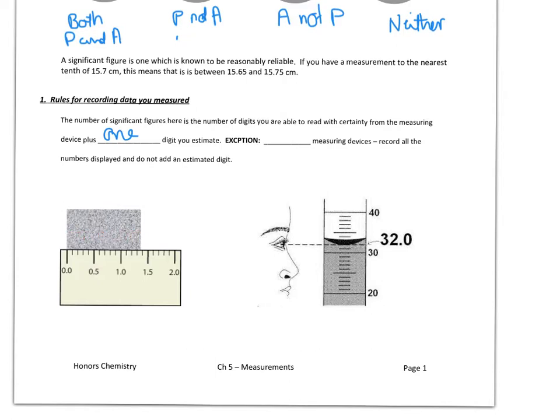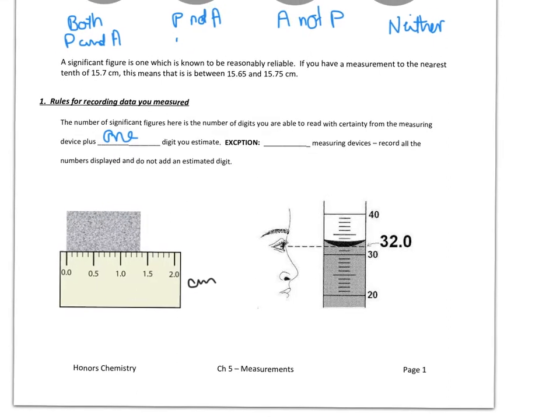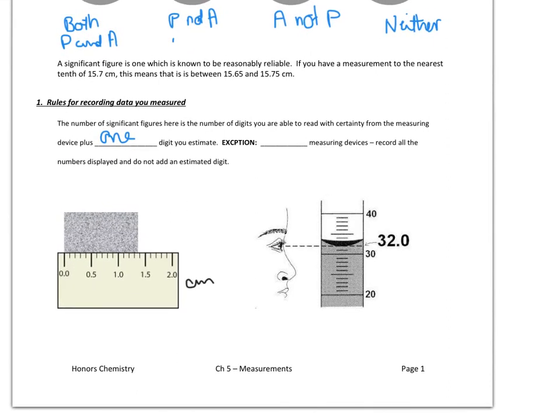Let's say that these are centimeters. The smallest increment that you have there is 1/10 of a centimeter. And so for sure you can tell that this is 1 centimeter, this is 1.1, 1.2, 1.3, 1.4.